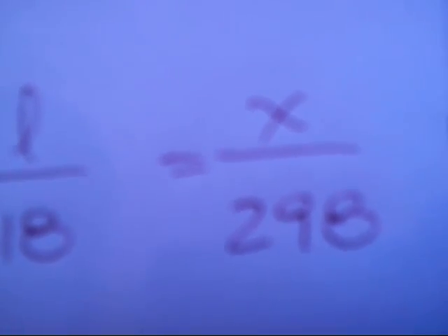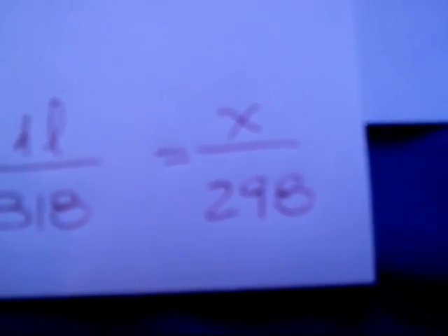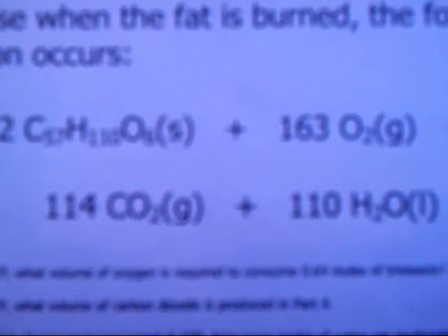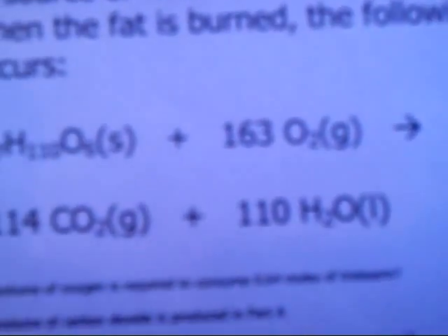Now, once we convert this 1 liter into the X that we need to find out, now we can continue with the equation saying, if this reaction says that we produce 114 moles of carbon dioxide, and that equals the production of 110 moles of the water, and we want to find out how much water is being produced with 1 liter of carbon dioxide, we need to know these 114 moles of carbon dioxide times 24 liters will be the volume of carbon dioxide that we produce when we produce 110 moles of water.